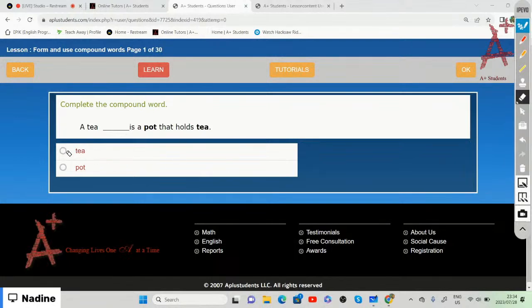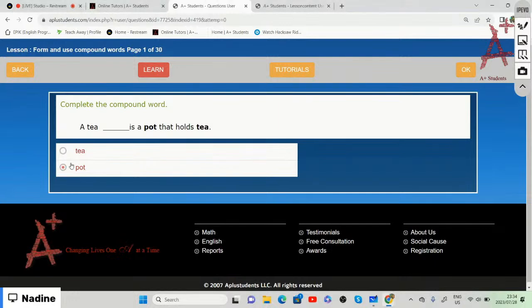So instead of saying teapot, tea is already given. So we're going to say a tea, we're just going to say a pot. Let me close this.